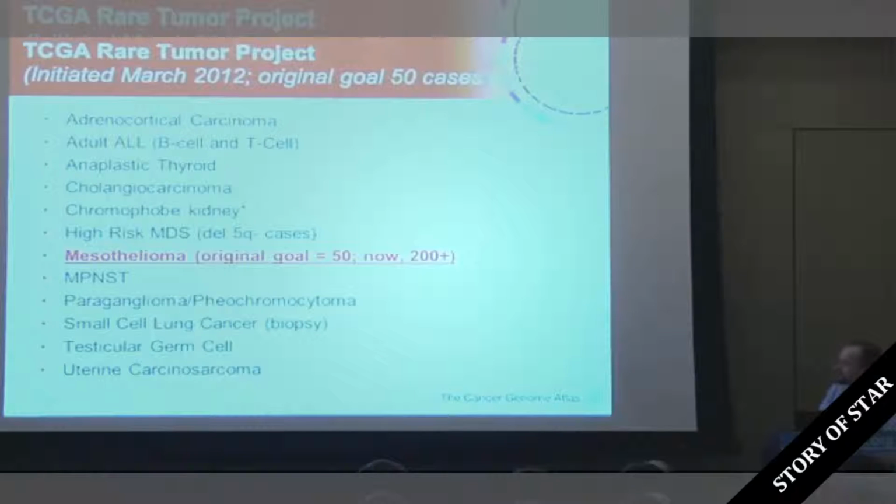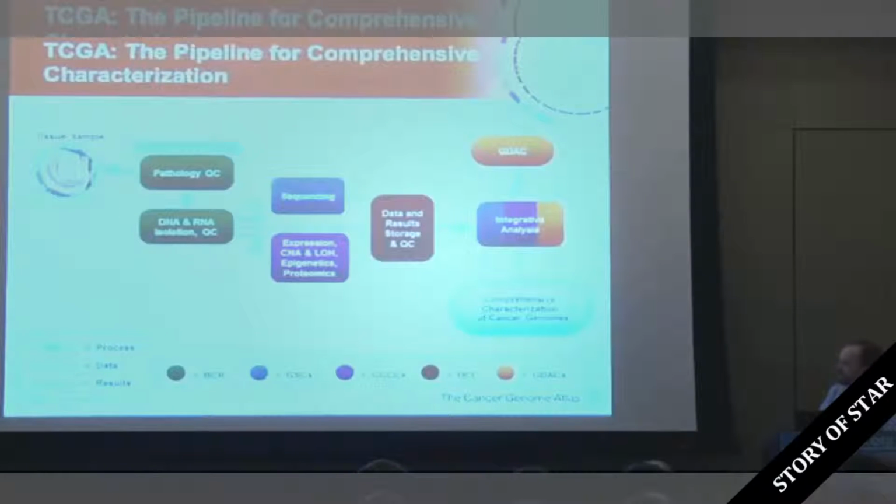And this is very timely because at the same time, there's a global effort that was trying to get underway, led by Bruce Johnson from Australia, Bruce Robinson from Australia, and so the two efforts have now joined forces, the global effort to do this in mesothelioma. Just very briefly, these projects all have the same kind of pipeline where there's a very complete genetic characterization of every single tumor.